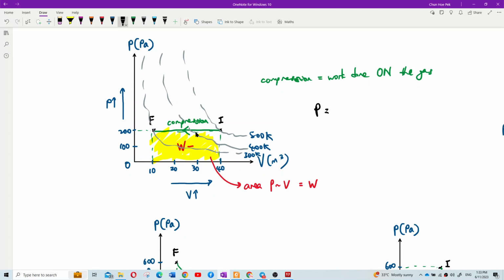Pressure is constant. What happened to volume? Compression, volume decreases. Negative work done. Okay or not, class? Negative work done. How about the temperature? Temperature decreases, isn't it? Okay.